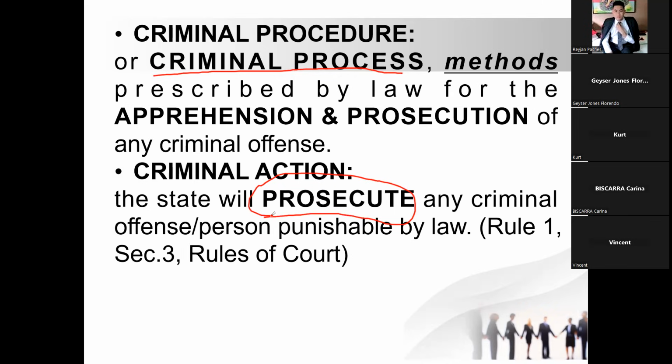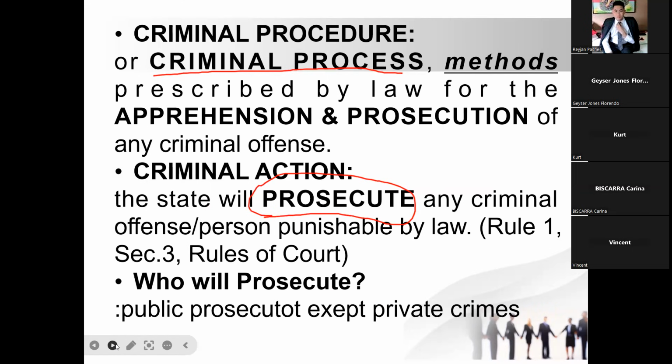Again, in the criminal action, the state will prosecute any criminal offense or person punishable by law, that is from Rule 1, Section 3 of the Rules of Court. That is the purpose of the criminal action, class. If no complaint or information is filed, of course, the case will not proceed. So the criminal action is very important.